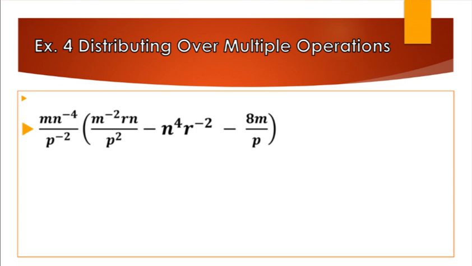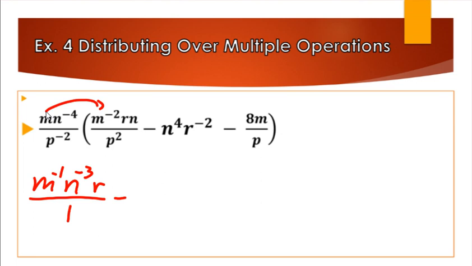And some more. We got a couple more problems to go through. So we have m to the negative first, n to the negative third, and r all over p to the negative second. The p's will cancel out, so this is just over 1, because negative 2 plus 2 is 0.